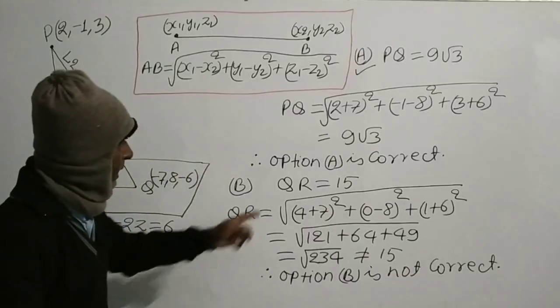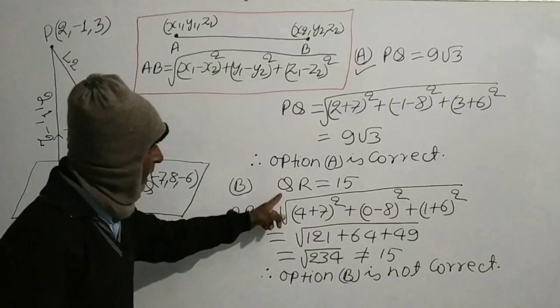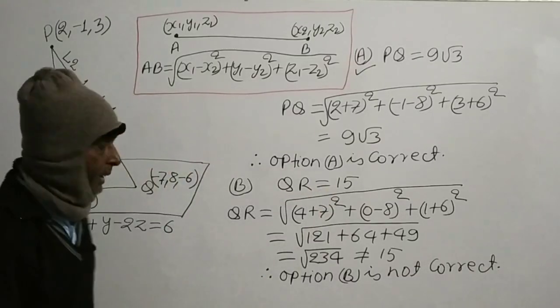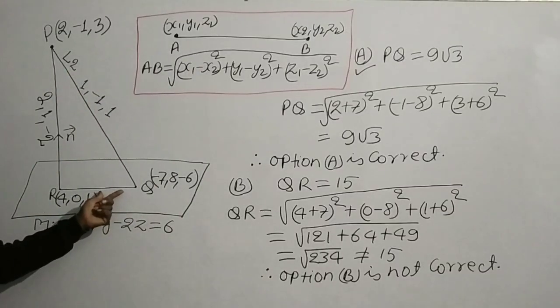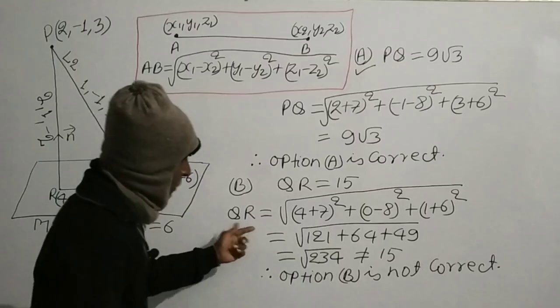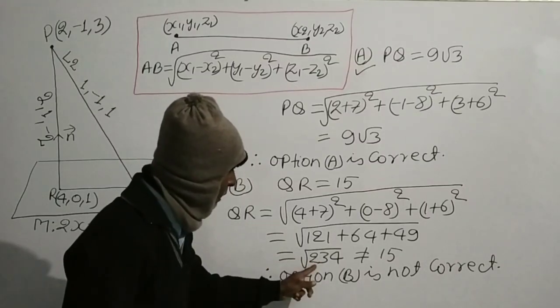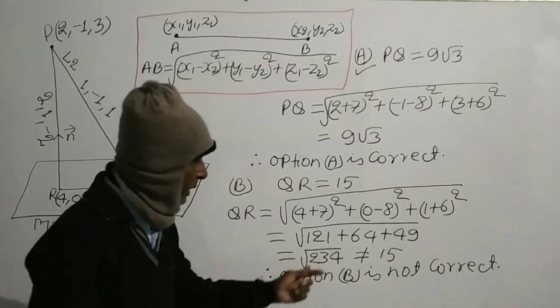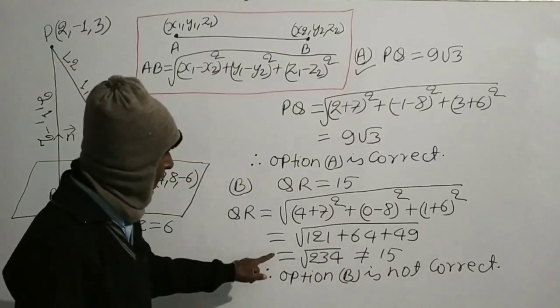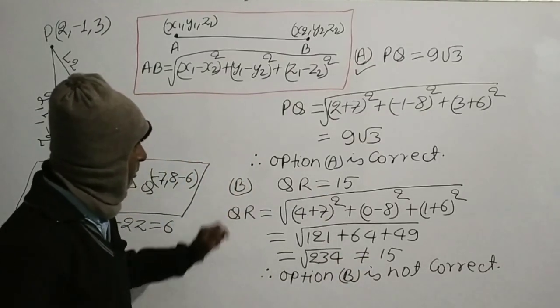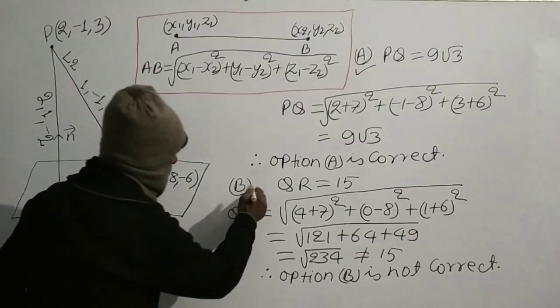In option B, it is given that QR is equal to 15. By using this distance formula, QR will be equal to root under 234. Since this is not equal to 15, therefore this option B is not correct.